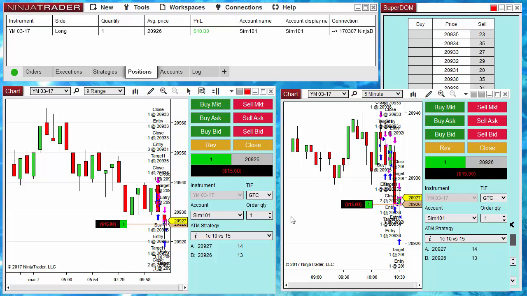So as we can see, it is possible to have not only two but all the positions that we want, in different directions, on the same instrument at the same time on the same account. NinjaTrader takes into account the sum of all those positions, and this is what the broker can see.